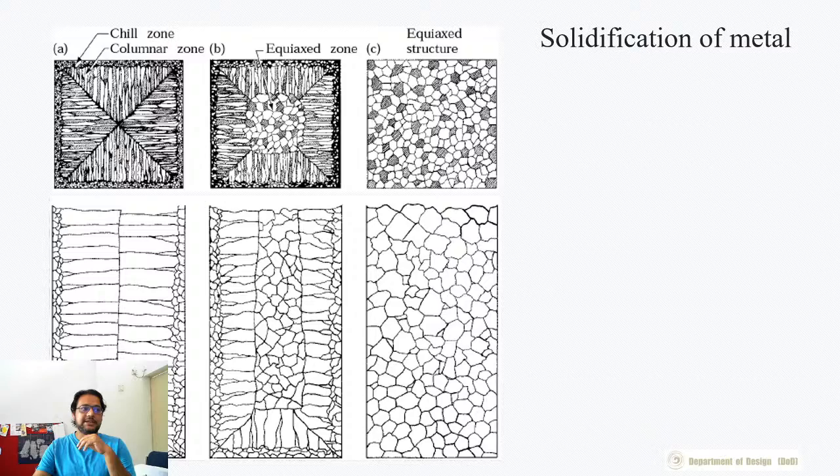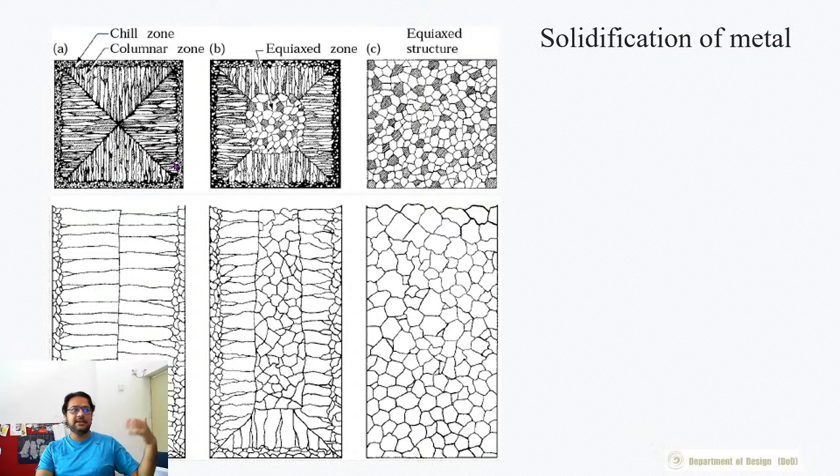So let's take this kind of an example. It's a square column. So imagine a rectangular prism of this kind of square cross section, and it's this tall, and imagine this is entirely filled up with molten material.